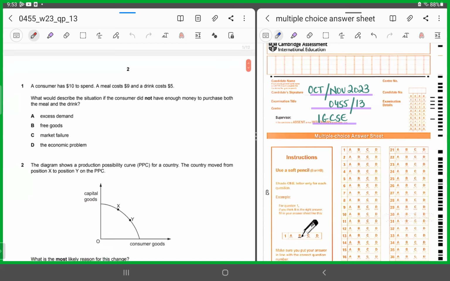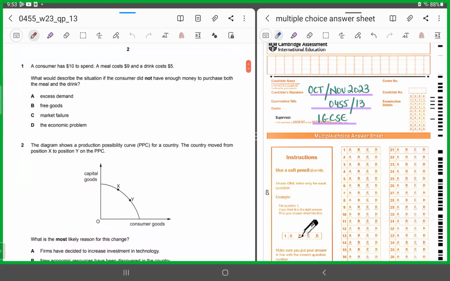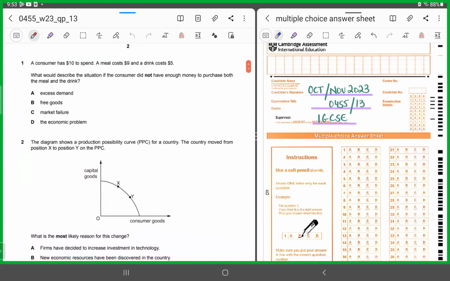In spite of the fact that he has $10, the amount is insufficient to purchase both of them. What can you use to describe such a situation? The options are: A, excess demand; B, free goods; C, market failure; and D, economic problem. Yes, the correct answer has to be D, economic problem.